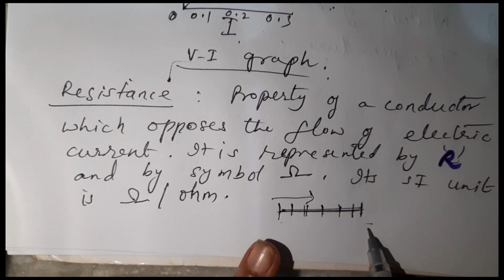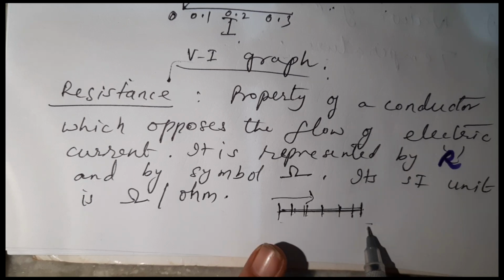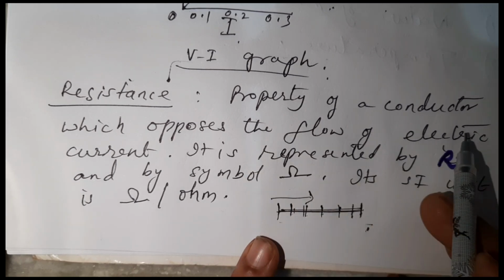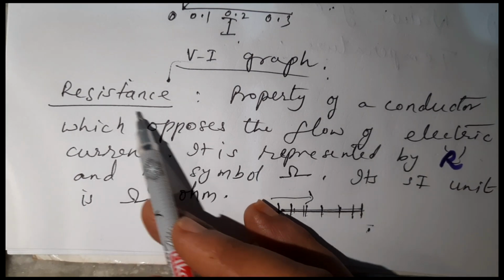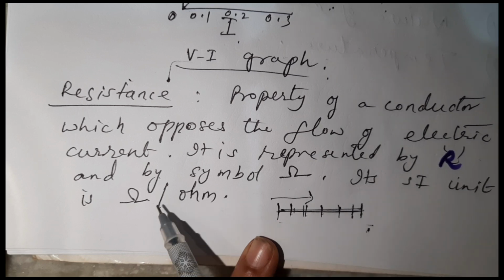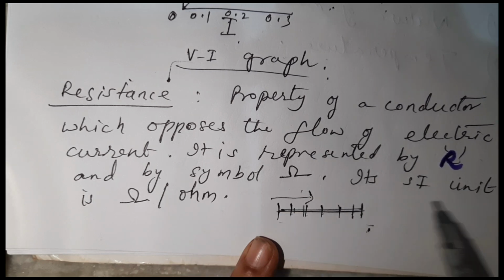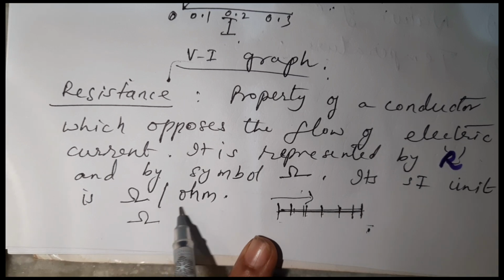So to avoid it, some opposing property is inbuilt in the conductor. This property of the conductor which opposes the flow of electric current is called resistance. Resistance is represented by R. Its SI unit is ohm. Either we can represent it by the symbol or we can write the spelling.